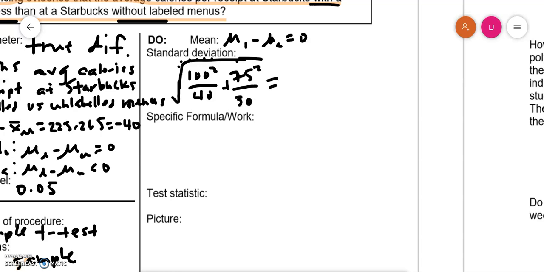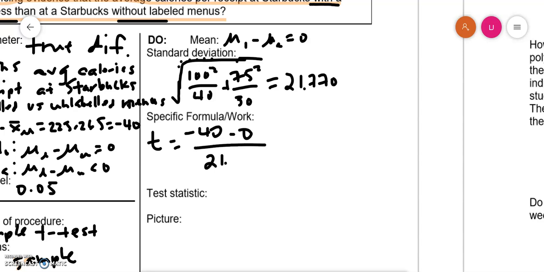And we get 21.770. To get our t-score, we take the difference in means, which was negative 40, subtract the assumed difference, and divide by standard deviation, which gives us a test statistic of negative 1.837.